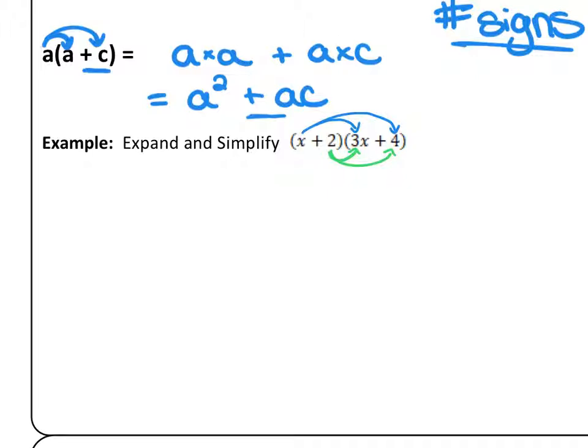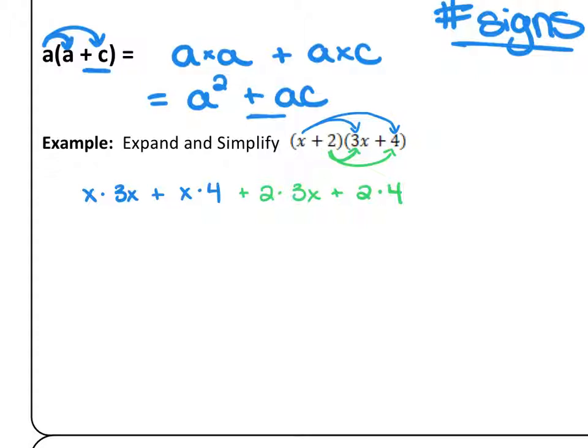x times 3x, I'm going to give you all the steps. x times 3x plus x times 4. And then the second set, 2 times 3x, so plus 2 times 3x, plus 2 times 4.